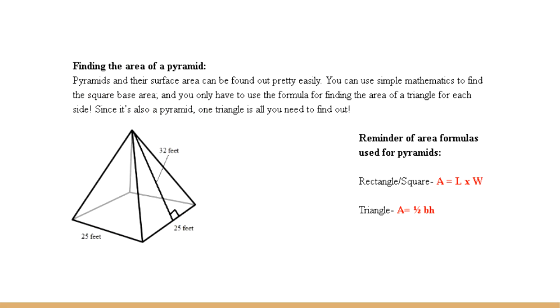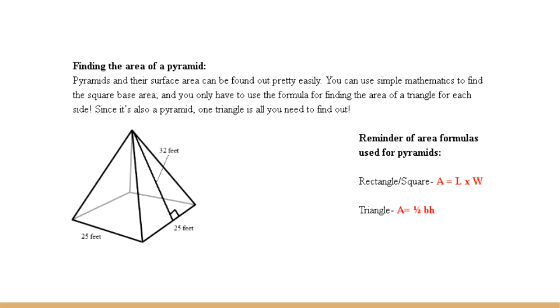Now I'm going to go into pyramids, because pyramids are quite a bit different than your normal square rectangle figure. With this, you just want to calculate the area for a triangle. That's essentially what we're doing. So we're taking one side of this, and the area is half base times height.